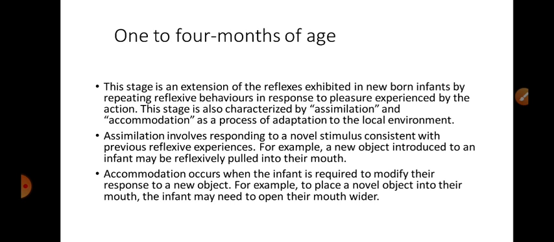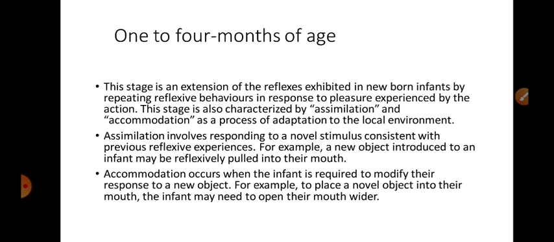Accommodation occurs when the infant is required to modify their response to a new object. At first they just pull the object into the mouth. They don't know whether the object is edible or not, but they pull it into the mouth. Under accommodation, for example, to place a novel object into their mouth, the infant may need to open their mouth wider.